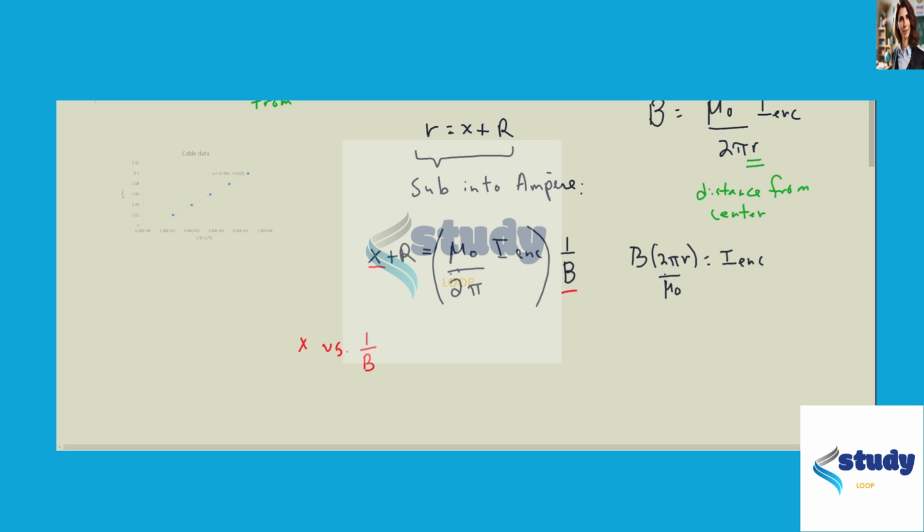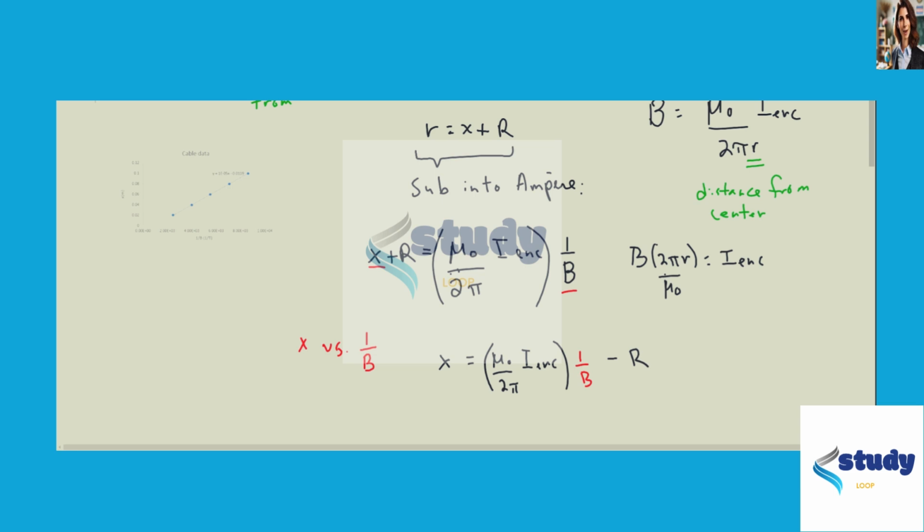And if we pull the R to the other side, let me just suggestively write this, and I'll put the 1 over B. And of course, there's a minus the radius.